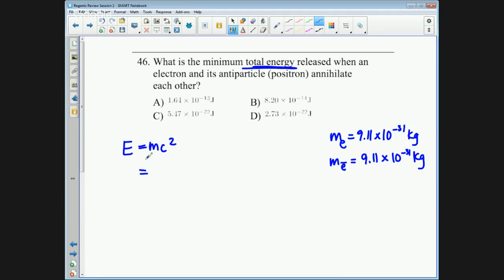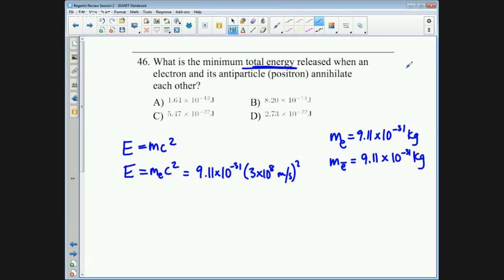The only difference between a particle and an antiparticle is that they have opposite charges. Okay, so we're going to figure out the energy released for the electron. When we plug in these values, we get 9.11 times 10 to the negative 31 times the speed of light squared, so 3 times 10 to the 8 meters per second, squared.